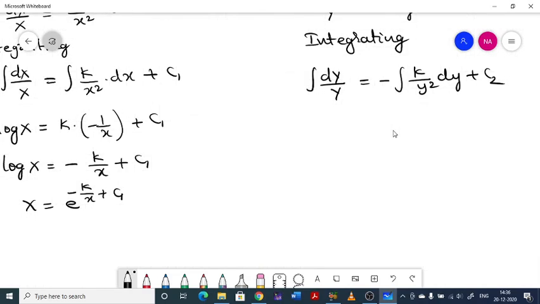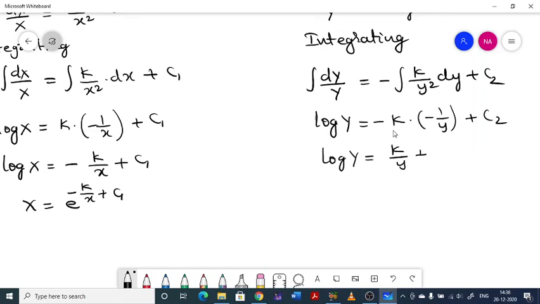So integral of dy by y gives log capital Y equal to minus k into minus 1 by y plus c2. So log capital Y equal to k by y plus c2. Taking exponential on both sides, Y equal to e power k by y plus c2.